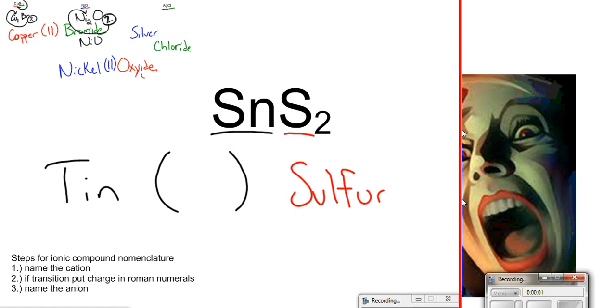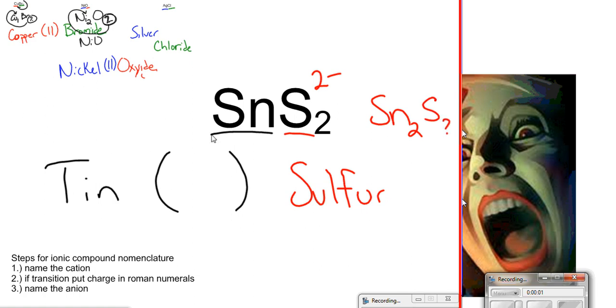So this is going to be some deductive reasoning, and actually this is probably the most deductive reasoning you'll have to do for naming an ionic compound. So sulfur. Same group as oxygen, so chalcogen, group 16. Means it's always 2-. So if we follow how that would work, it would be tin 2, sulfur something.